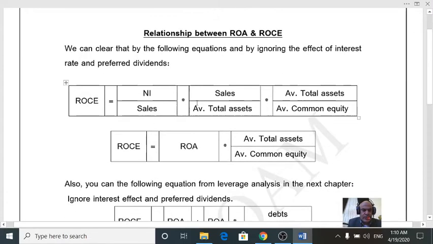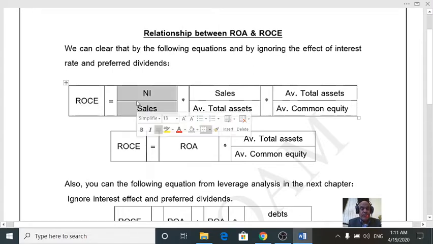As you know, my student, return on common equity as a basic equation equals net income over average common equity. You can multiply it by sales over sales and average total assets over average total assets, so the equation will be the same. But in this equation, we can divide the return on common equity into three components.